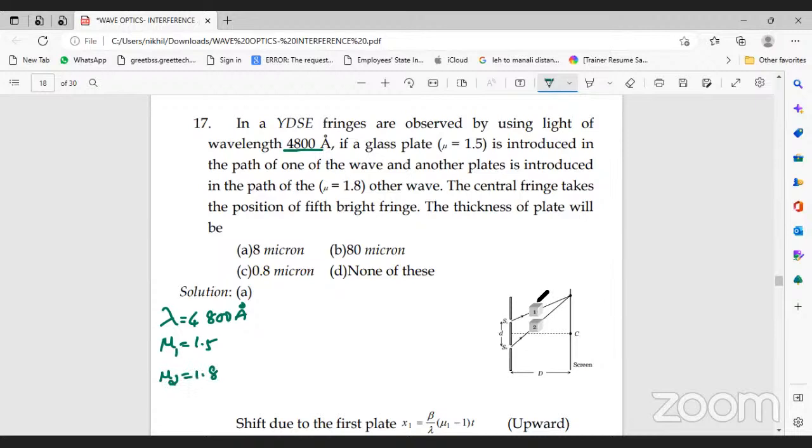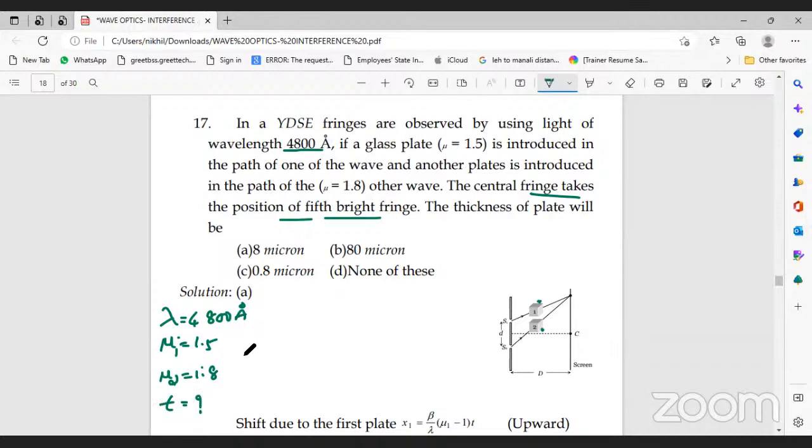See, this is the diagram. For the first wave, the refractive index is 1.5, and for the second wave, 1.8. The central fringe takes the position of the fifth bright fringe. They are expecting us to find the thickness of the plate, T.